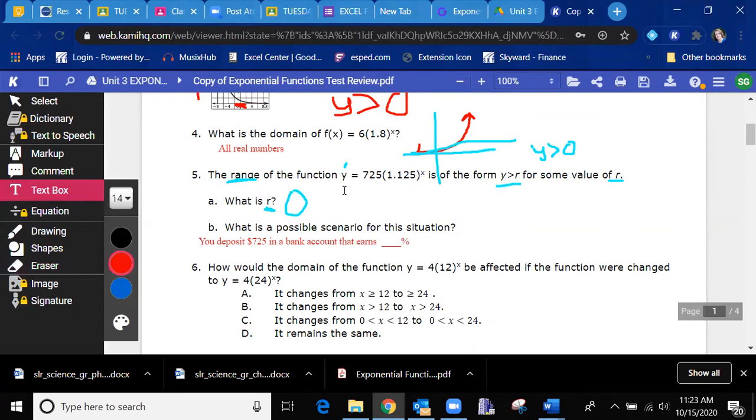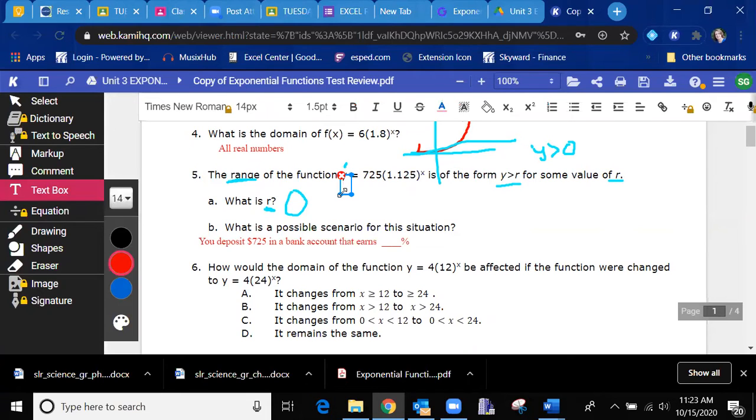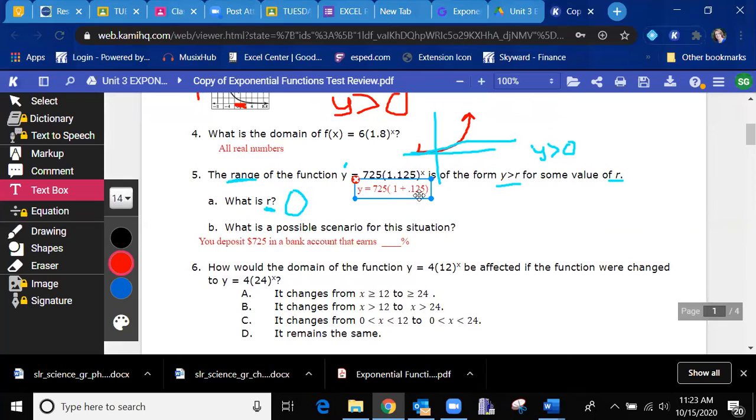It's hard to see this, but what we've got is this formula. We have 725, and this is earning interest. So it's 1 plus some rate, and the rate part is 0.125. So I have to take apart that percentage.